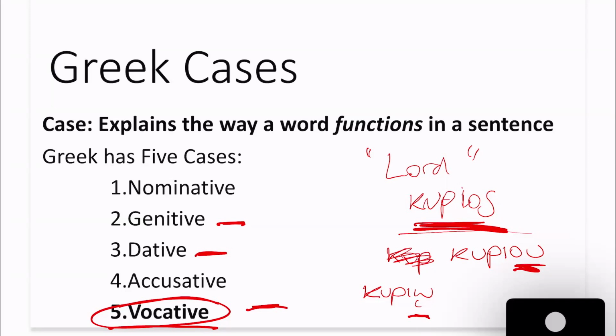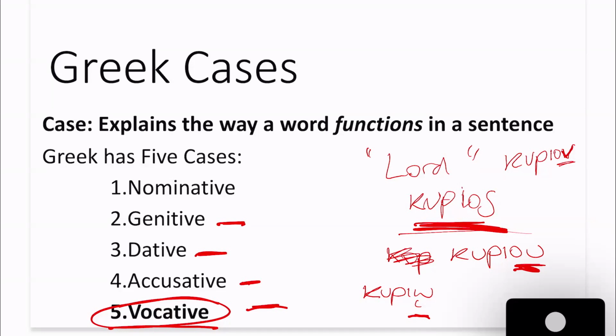Or I could have kurion. That's a kurion. And all of a sudden, I'm using the accusative case. And so it would be something like, I love the Lord. I am the subject in that sentence, and the Lord is who I love.